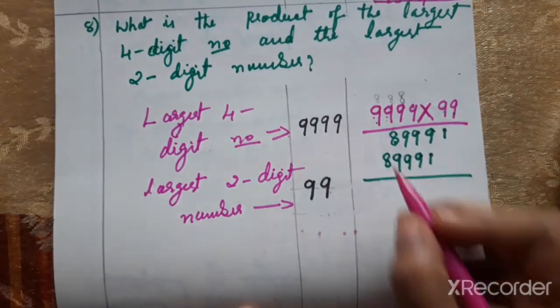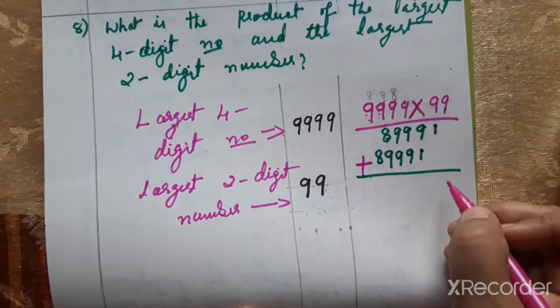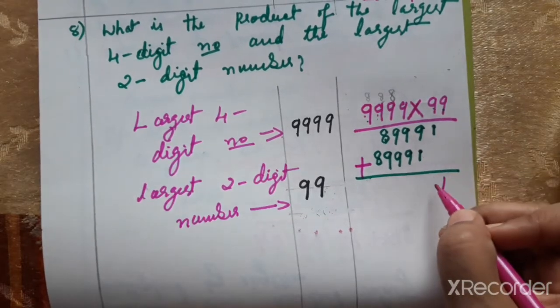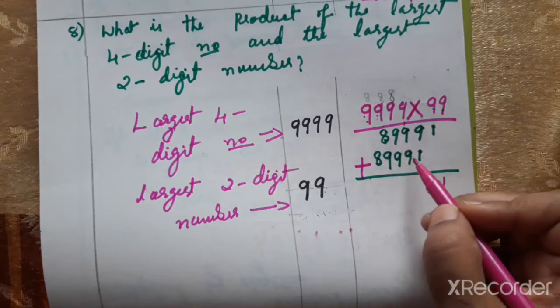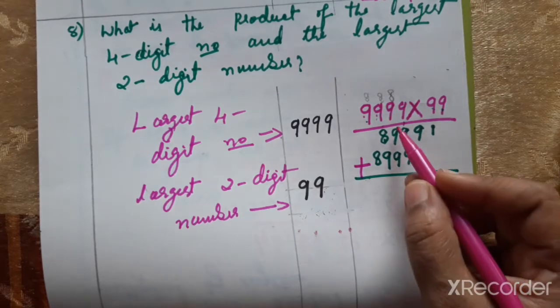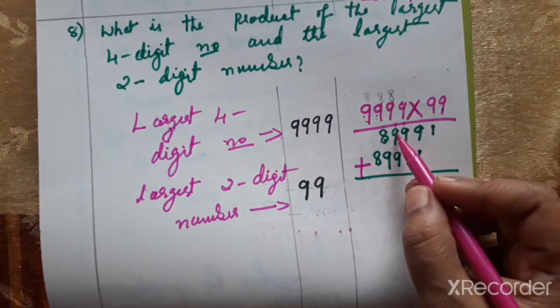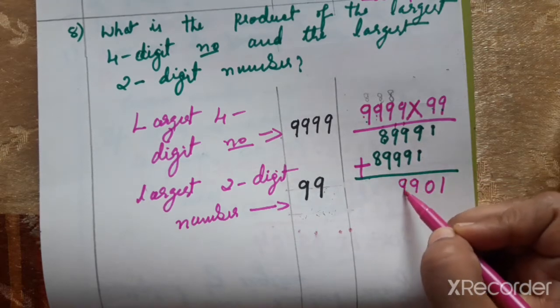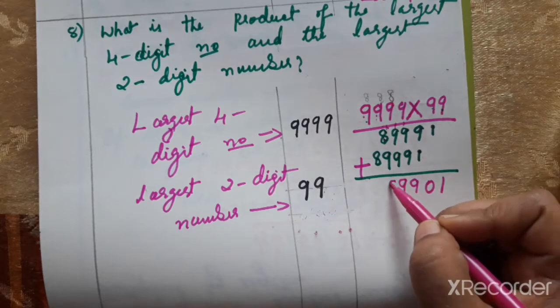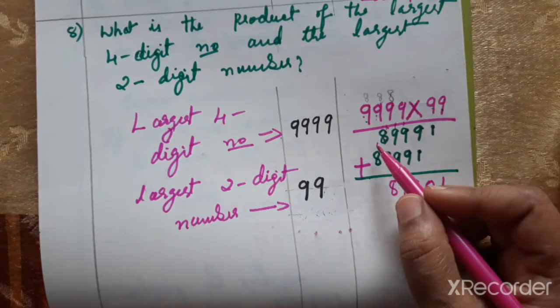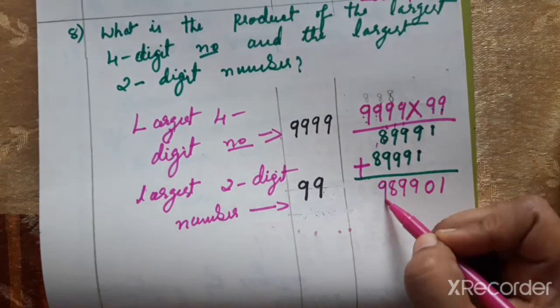So here add the values. 9 plus 1 is 10. So 0, 1 carry over to the next place. 1 plus 9 is 10. 10 plus 9 is 19. So 9, 1 carry over. 1 plus 9 is 10. 10 plus 9 is 19. So 9, 1 carry over. 1 plus 8 is 9. 9 plus 9 is 18. So 8, 1 carry over. 1 plus 8 is 9.